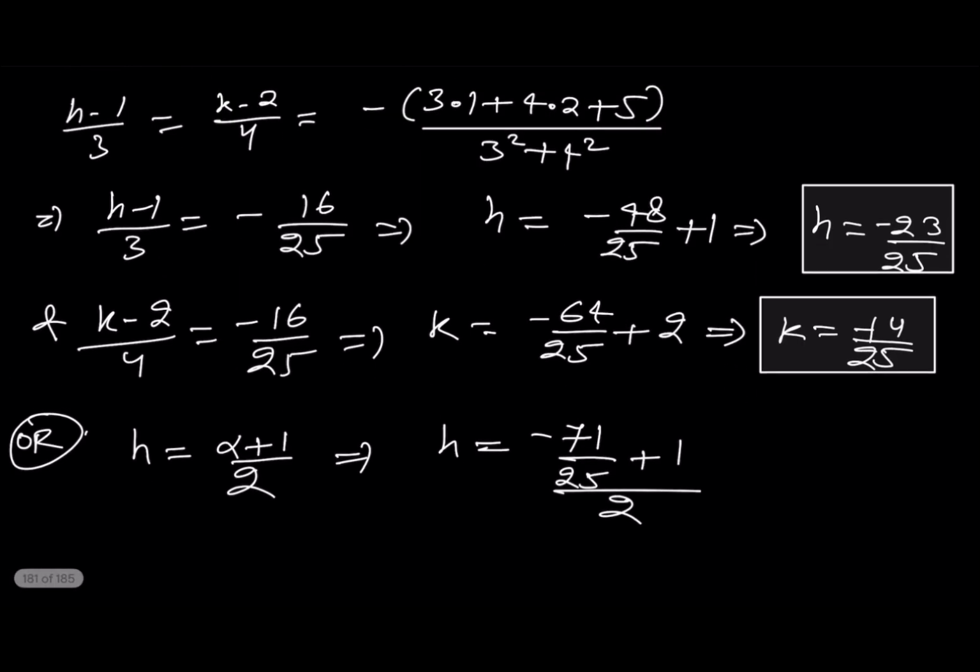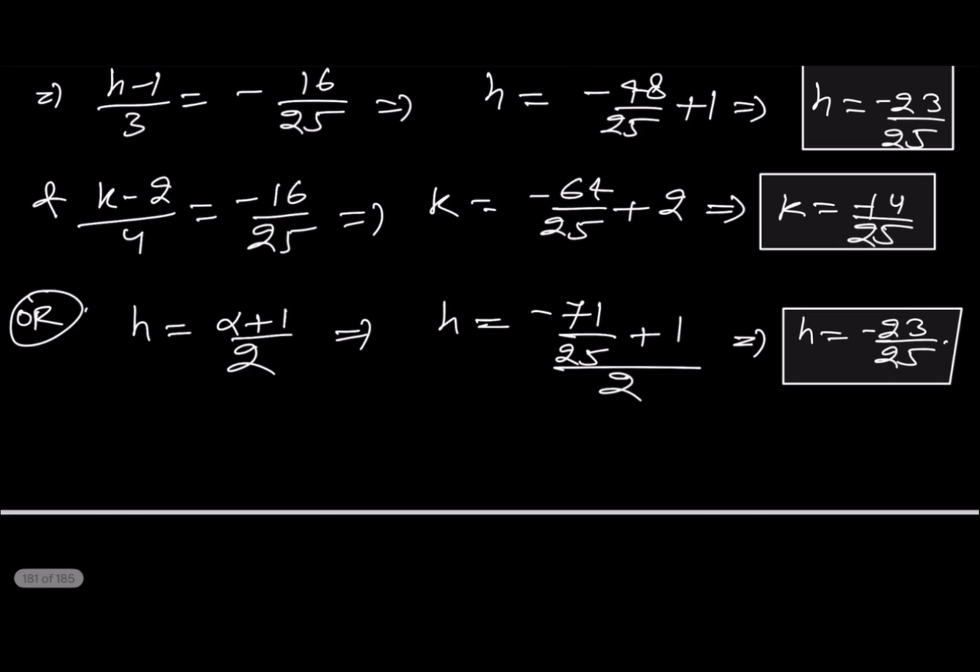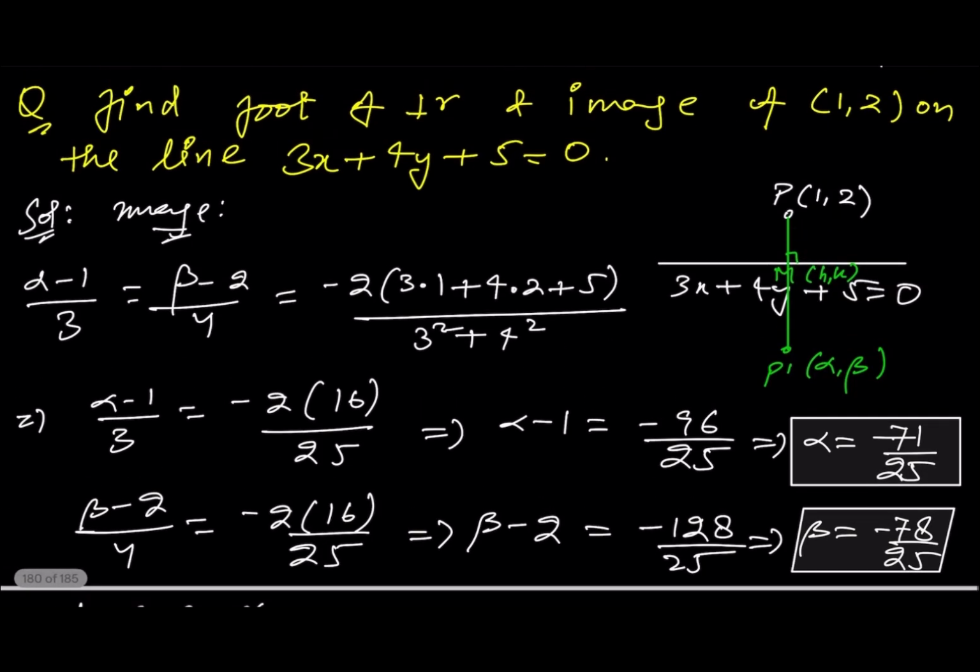Okay, so h is minus 46 by 25 by 2, which is minus 23 by 25, and k is (beta plus 2) by 2.